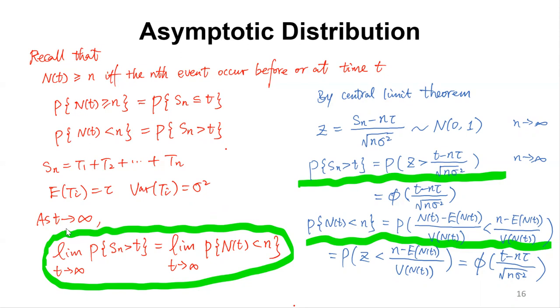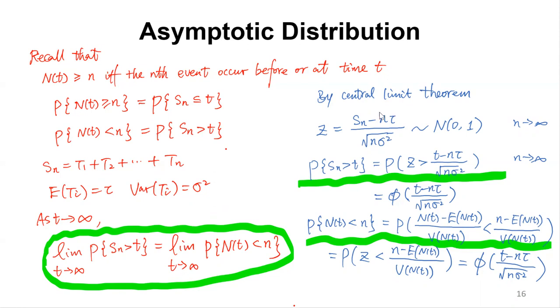So as n goes to infinity, Sn greater than t equals N(t) less than n. Because the nth event happened after t, it means we don't have a total of n events before time t. So this statement is equivalent.